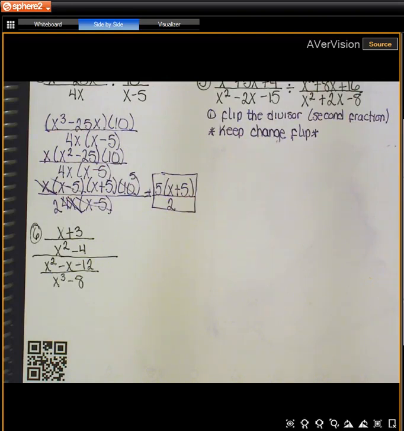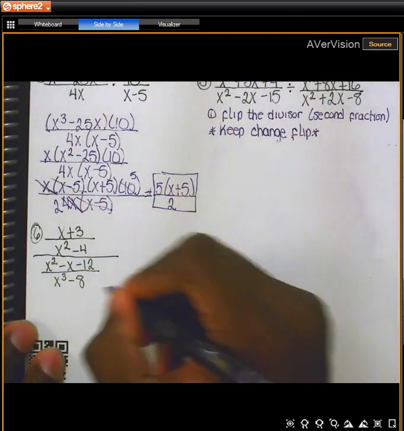If it helps, you can rewrite it so it looks like number 5. See what that looks like.